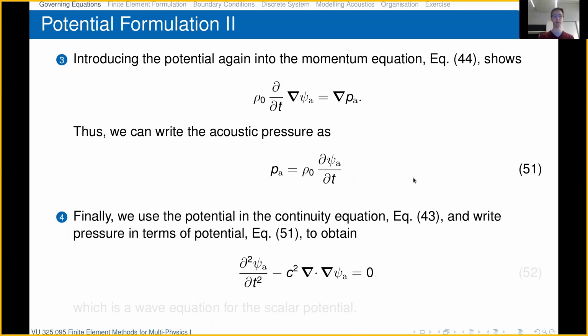And finally, we can use the potential in the continuity equation, again insert it and write the pressure in terms of the potential, and again combine these two equations. And what we obtain is surprisingly, again, a wave equation. So mathematically, these two formulations are completely equivalent. So we have a wave equation for the scalar potential, or we have a wave equation for the pressure. So these are our two acoustic formulations, the pressure formulation and the potential formulation.